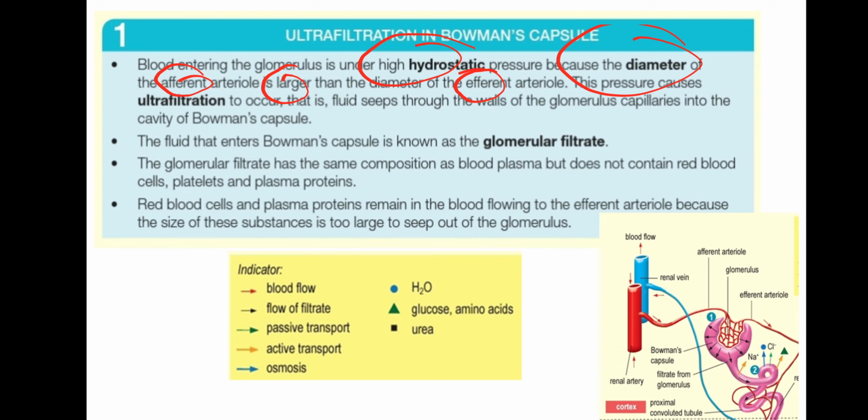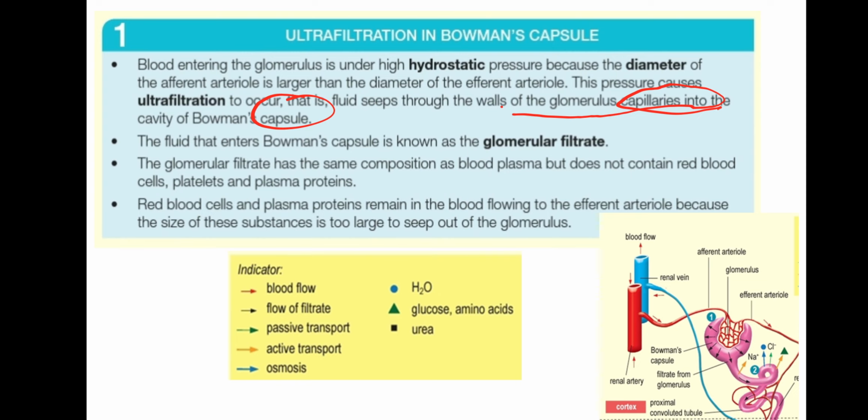During ultrafiltration, the fluid is forced out from the glomerulus capillary into the cavity of the Bowman capsule. We can use the words seep through or force out of the glomerulus into the capsule.